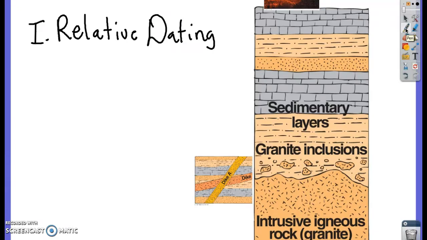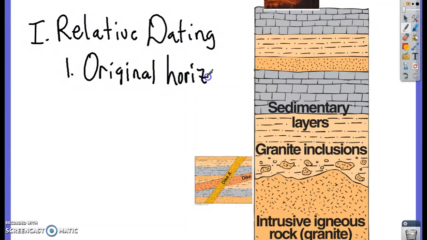First principle of relative dating that we're going to talk about is original horizontality. That's a big long word. Basically, it just means that when rock layers are laid down, when sediments are deposited, they're going to be deposited in flat layers.